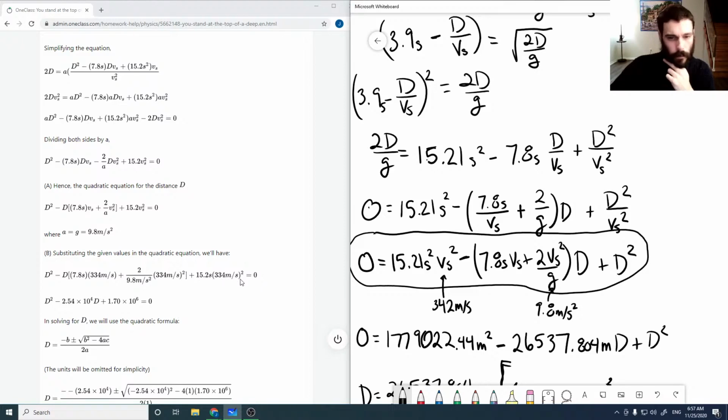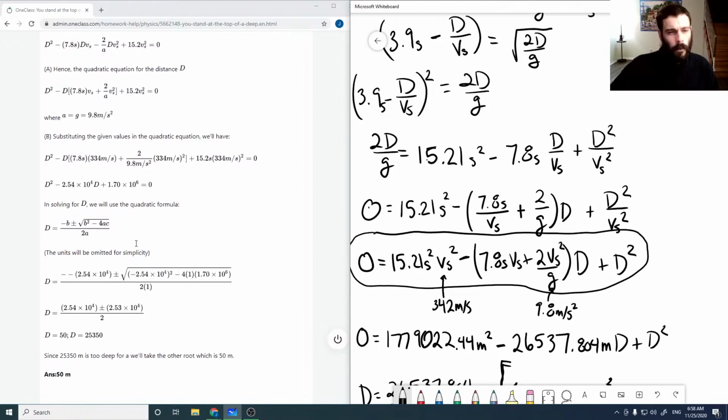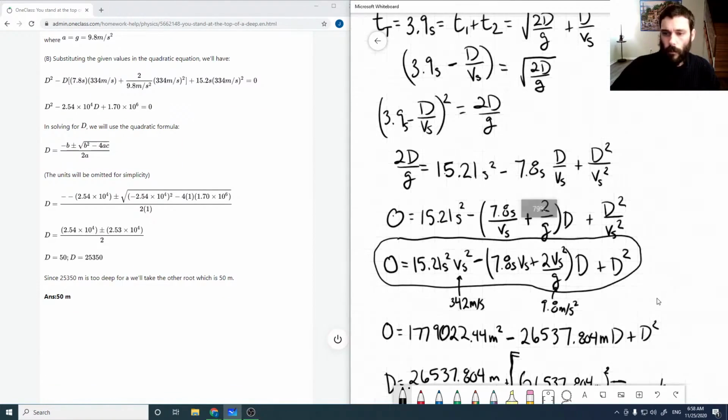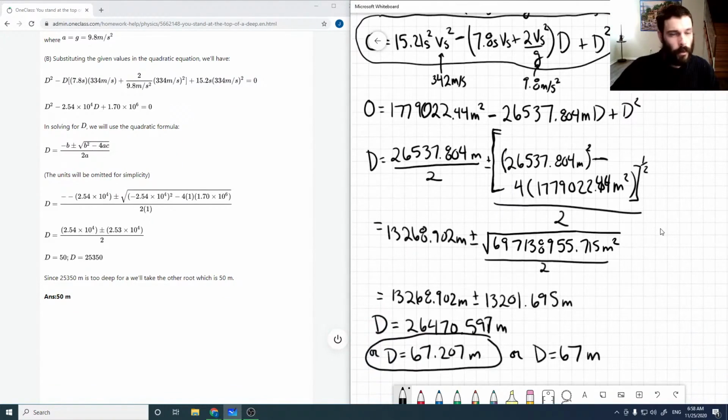Yeah, so that's exactly the same quadratic expression. And now here's their quadratic equation, which again, they've got everything in there the same. Mine's a bit messier, but it's okay.